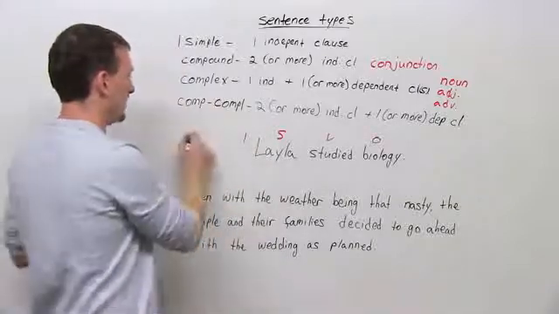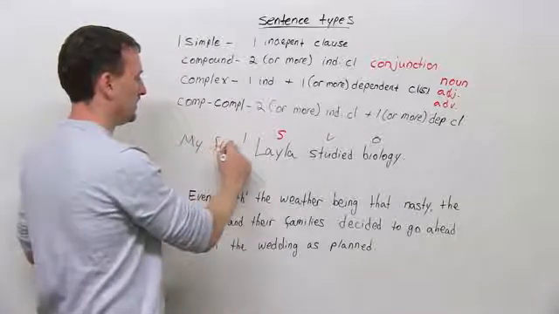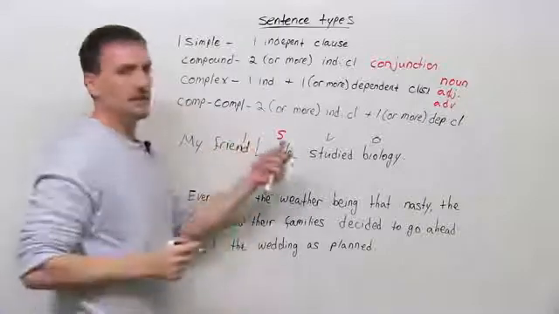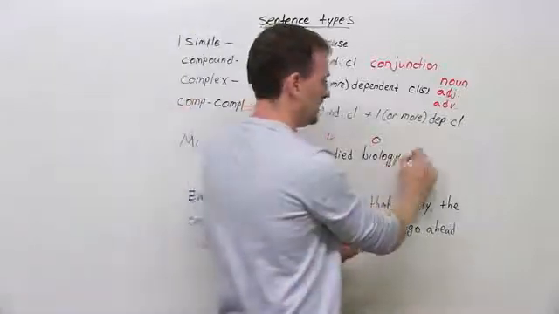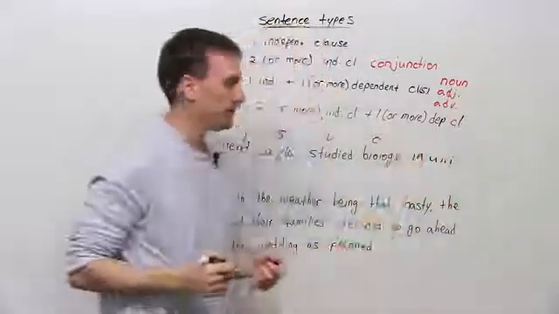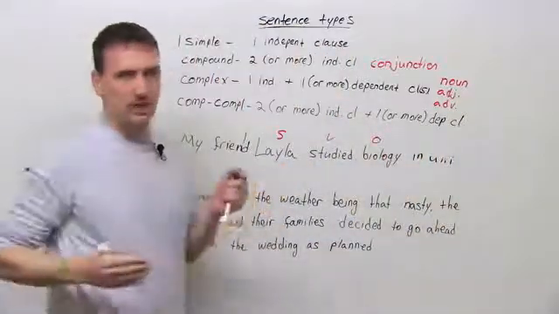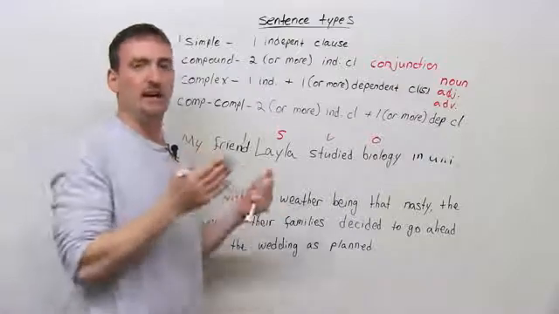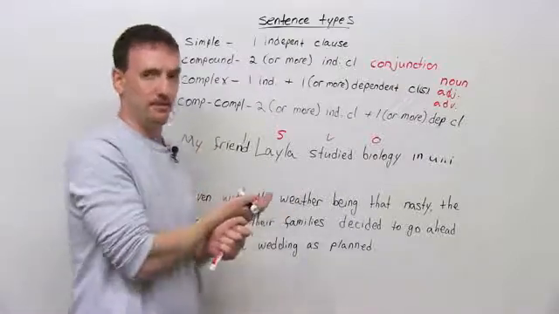So I can say, my friend Layla studied biology in university. Let's say uni for short. I have more information, but do I have a different type of sentence? No, it's still a simple sentence.